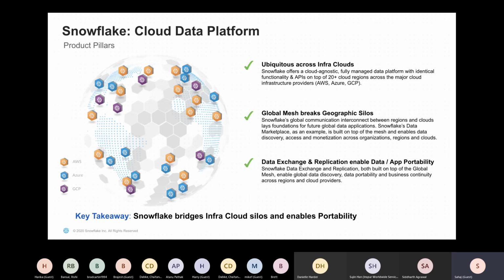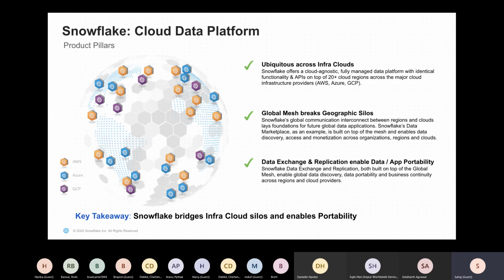So Snowflake in Azure East US should be able to talk to Snowflake in AWS US West, should be able to talk to GCP London, and that lays the foundations for global data applications. And based on that, you're able to break these geographic silos.